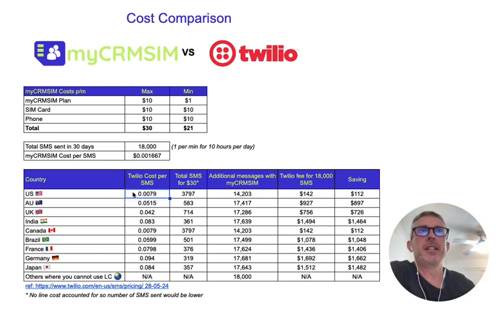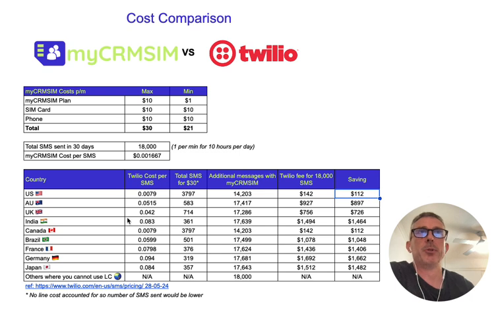So in the US, for $30 a month just on SMS, you'd be able to send 3,797 SMSs. Given you can send 18,000 with myCRM SIM, you'd be able to send 14,203 more. That's roughly 4 or 5 times the amount of SMSs for the same $30 you would pay with Twilio. The Twilio fee for sending 18,000 SMSs is going to cost you $142. So the actual saving with myCRM SIM is $112 a month for that account.